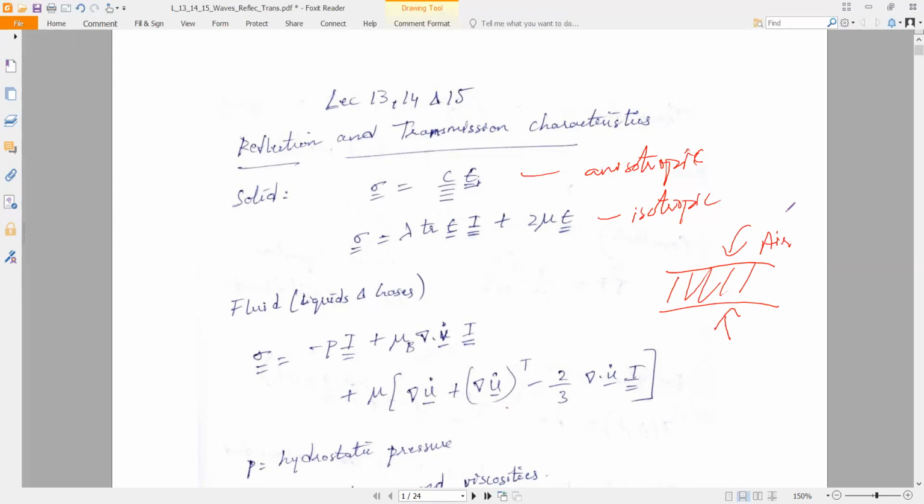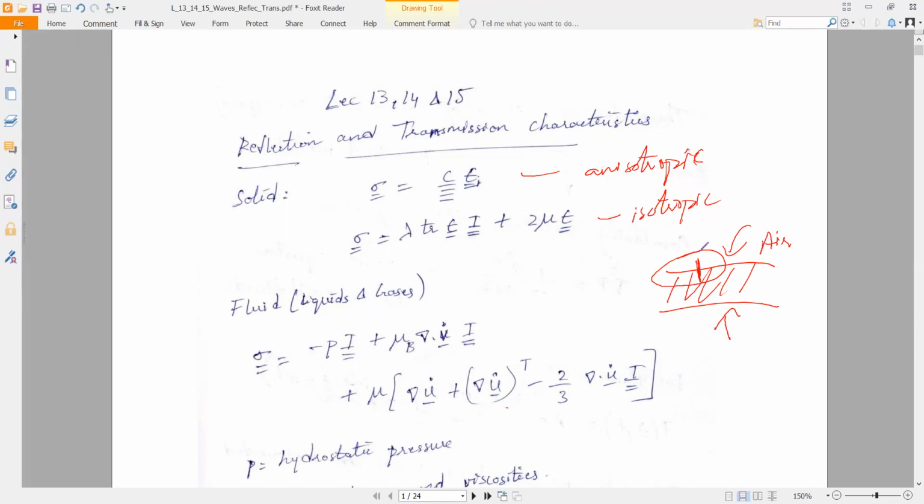So it is often required to incorporate the boundary condition between a fluid and a solid. That is the reason I thought I will introduce you all to a little bit on fluids at the beginning of this lecture, and then we will go ahead and work out all the boundary conditions between solid and solid, solid and fluid, and also fluid and fluid.